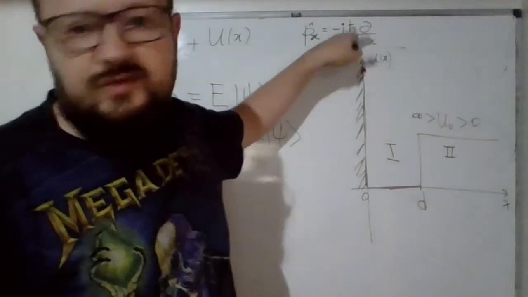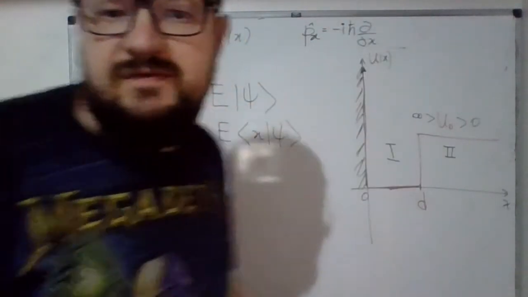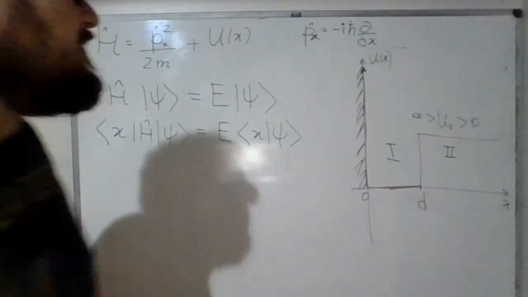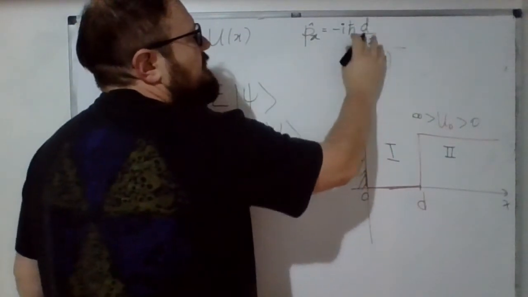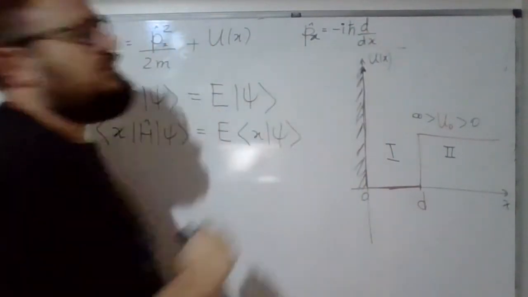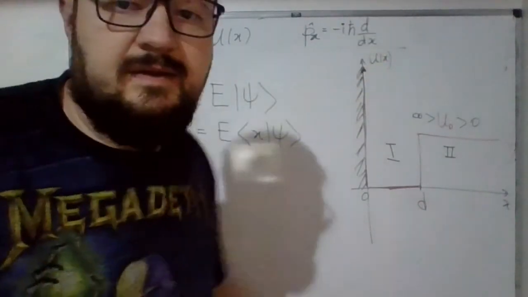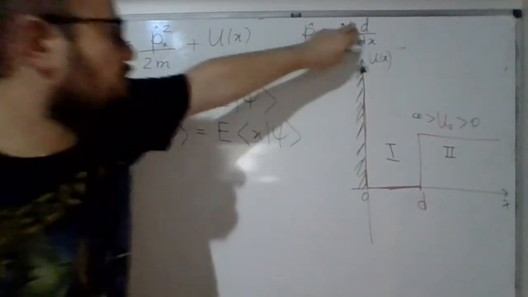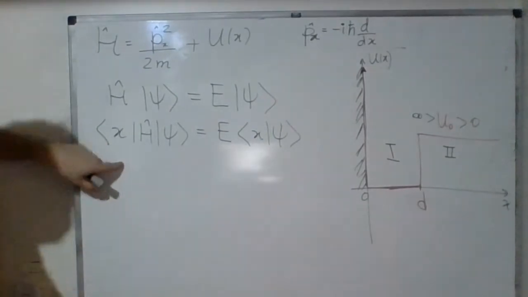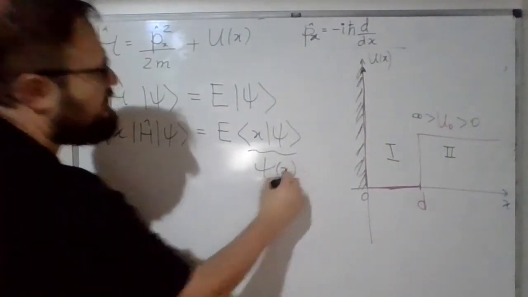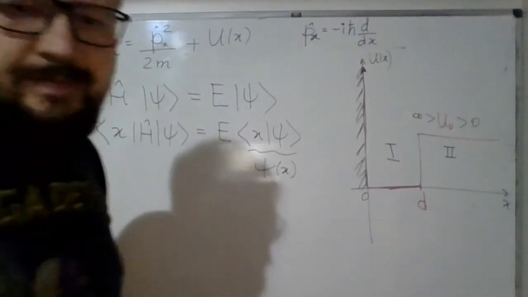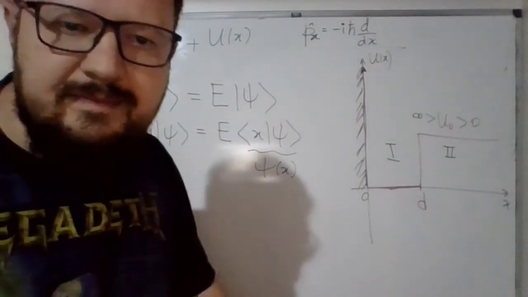I can put the total derivative or a partial derivative if you have more dimensions. In this case, we are considering time independent, so this is a total derivative, and we can plug in the d for total derivatives. All right. So in this case, this is the wave function psi of x. Notice that we are not worried about time here.